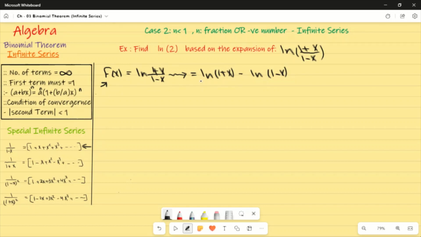Here we want to get rid of this ln, so just take the derivative of this function.